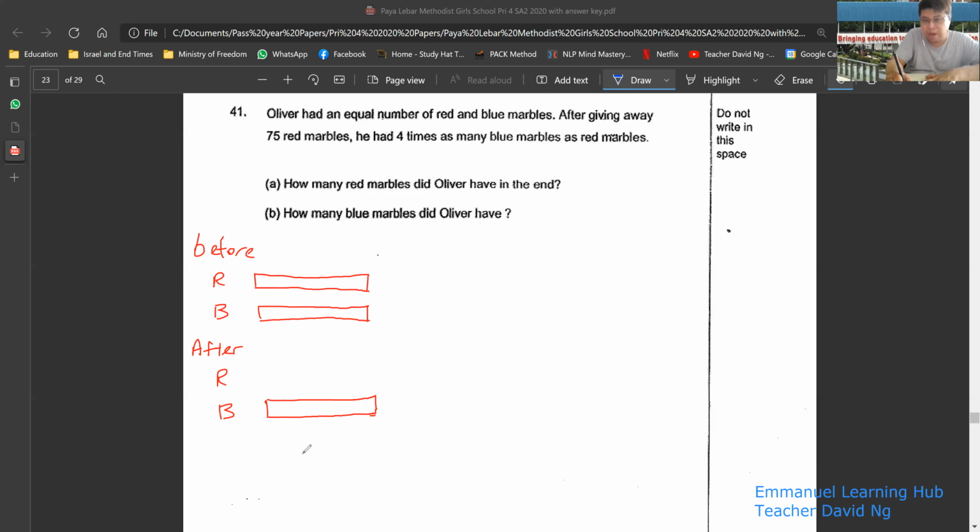Divide it into 4 parts because 4 times. Does that make sense? Because he has 4 times as many blue marbles as red, right? So 4 times of blue. Then red has only 1 part.